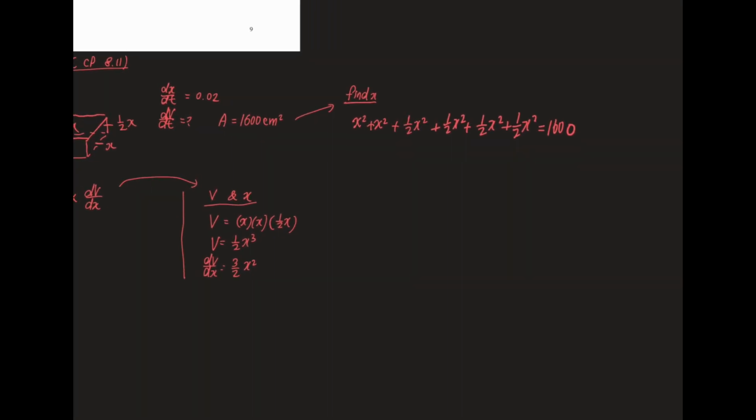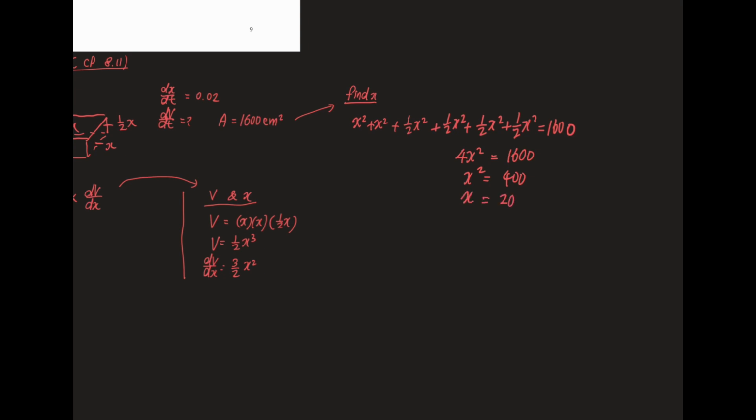Okay, now we have to add up everything and find x. So we have 4x squared equal to 1600, x squared equal to 400, x equal to 20.